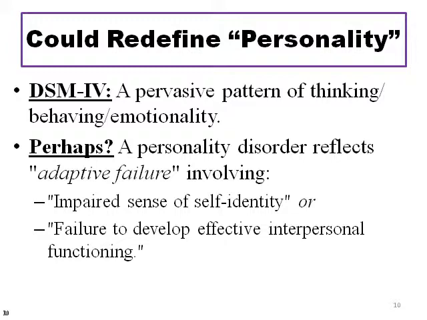What it was, was a pervasive pattern of thinking, behaving, and emotionality. And now the definition is an adaptive failure involving an impaired sense of self-identity or failure to develop effective interpersonal functioning.